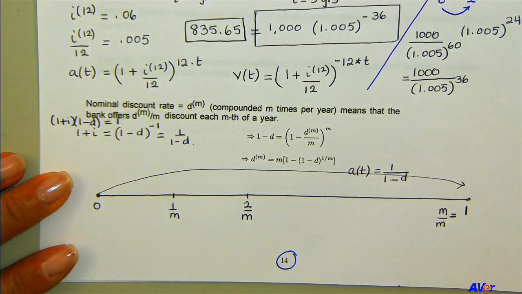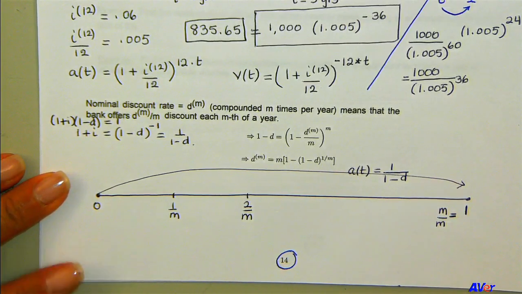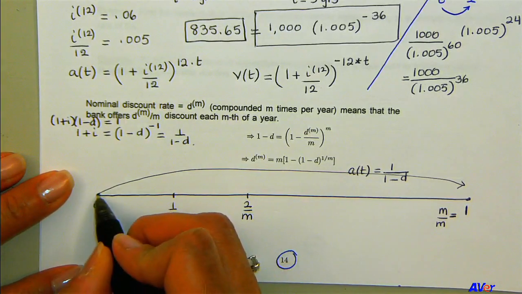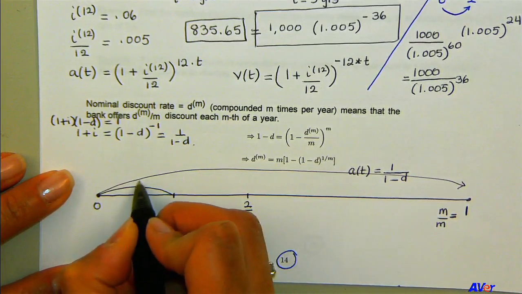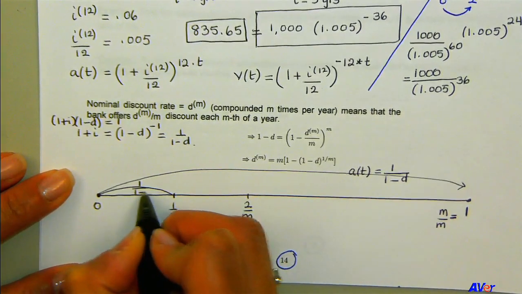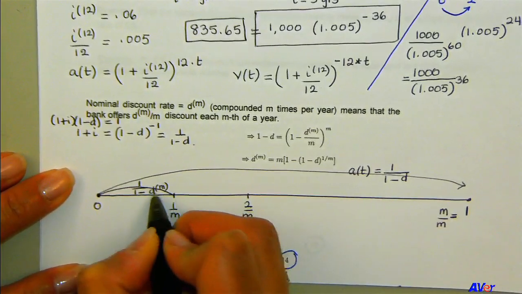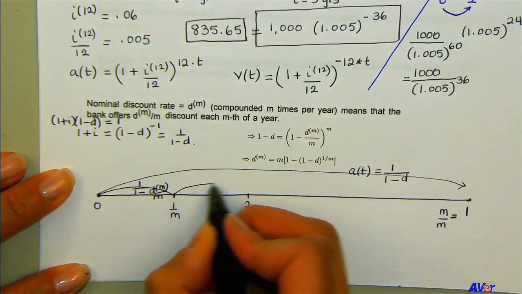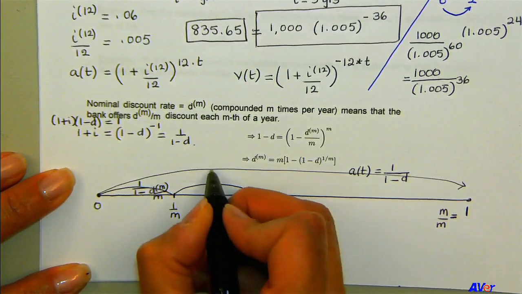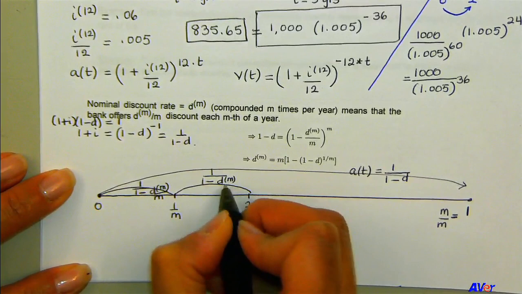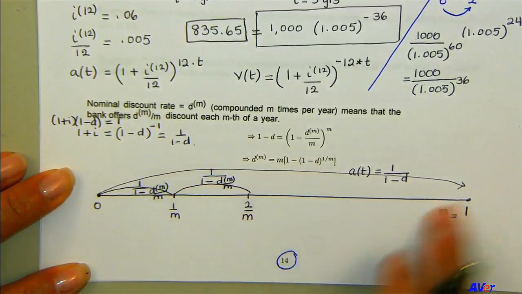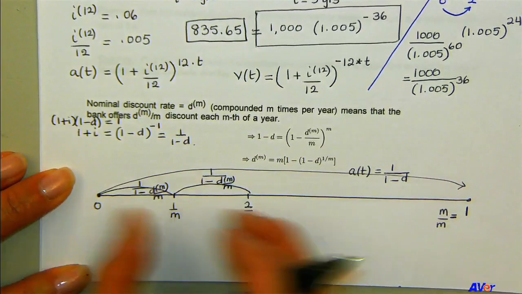But we want to talk about d^(m) over m, the monthly discount. So in going from here to here, I would be multiplying by 1 over 1 minus d^(m) over m. And in going from here to here, I would be multiplying by 1 over 1 minus d^(m) over m, and so forth, because this is happening monthly.